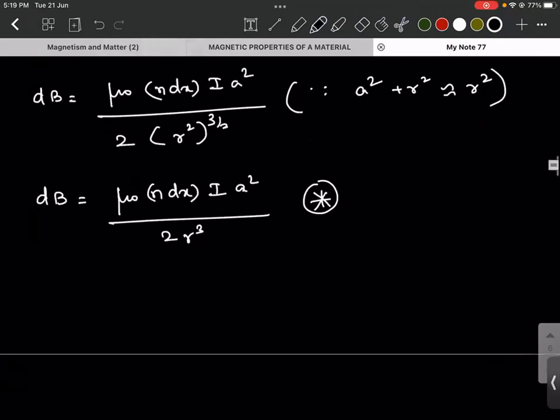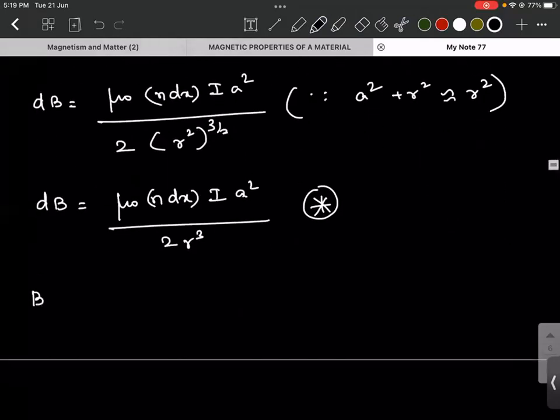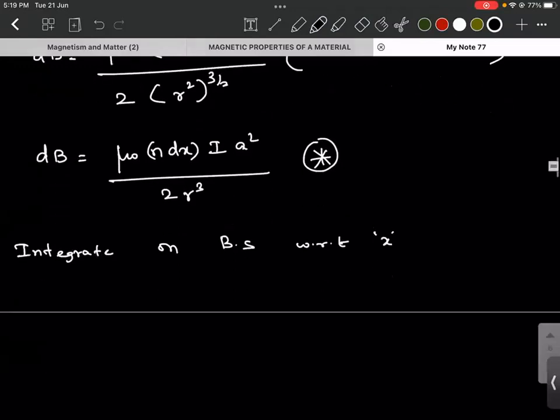Now our job is to find the value of B. For B, we will integrate on both sides with respect to x. So B will be equal to the integral of mu naught small n into I into a square divided by 2 r cube into dx.